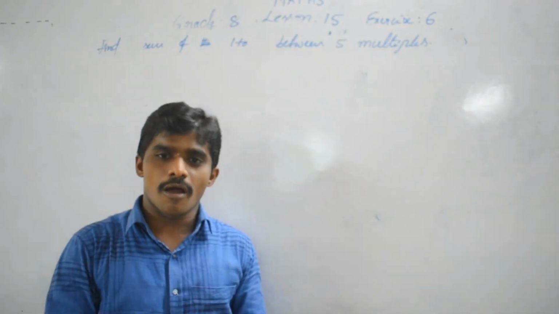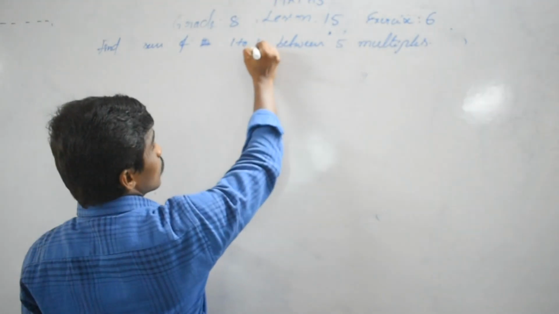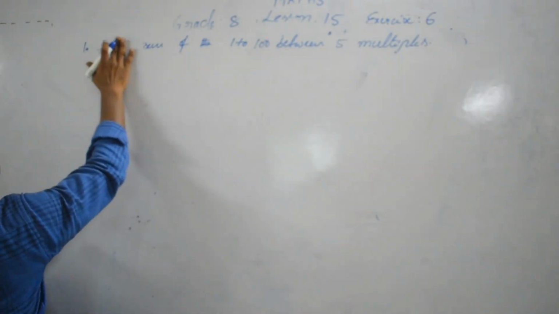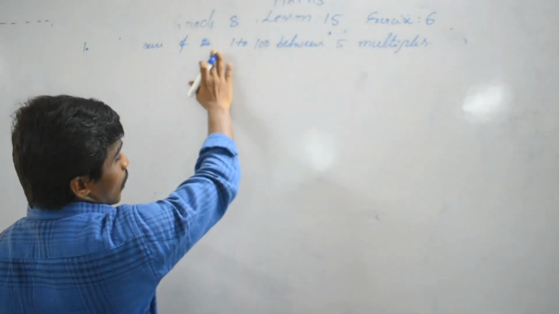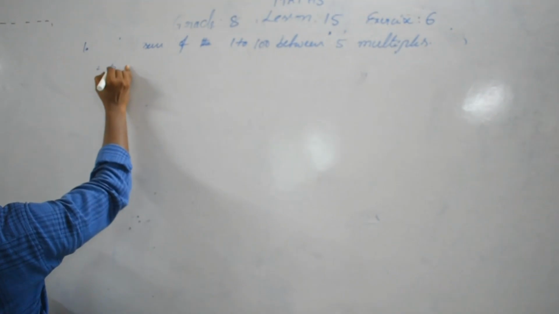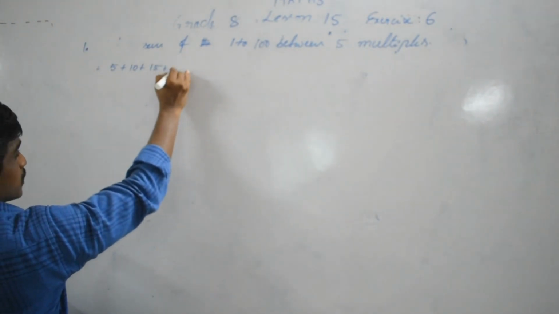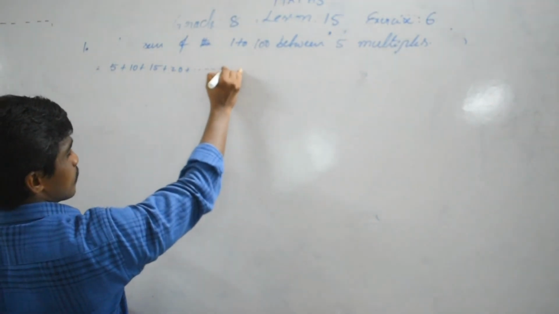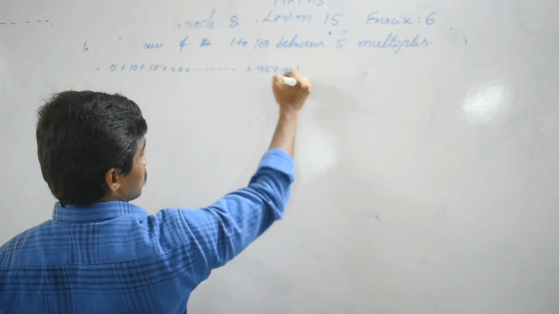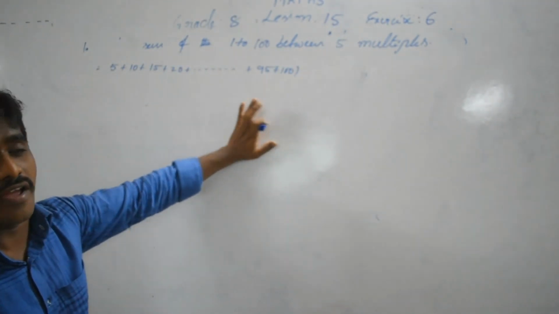The sum of all those numbers, how much? So now the answer. Sum of the 1 to 100 between 5 multiples. So 5 plus 10 plus 15 plus 20 plus up to 95 plus 100. These all numbers are divisible by 5.